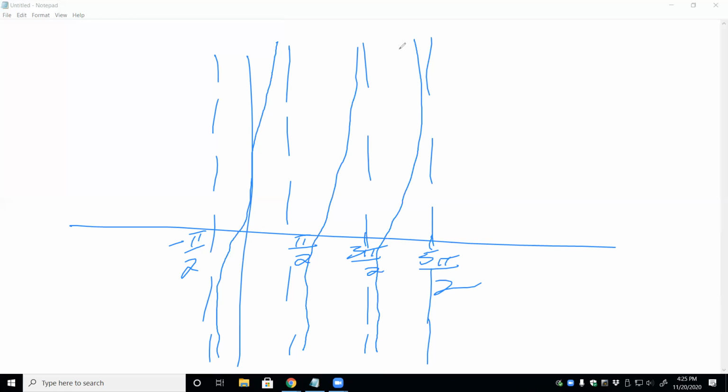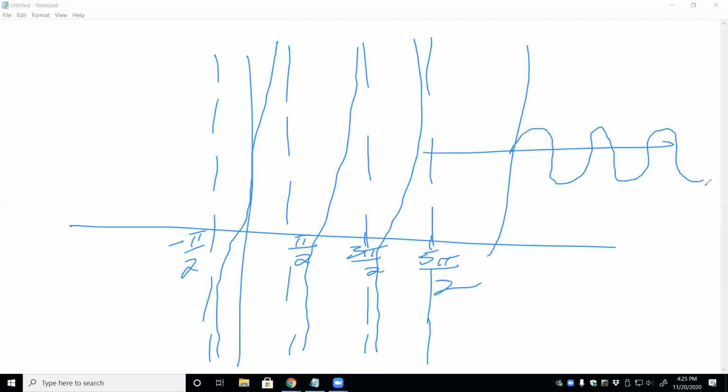But that's how you figure out the period. If I'm looking at a graph like this and they ask, what is the period? Well, it's the distance between that and that, or the distance between that and the next place where it starts up again, right there.